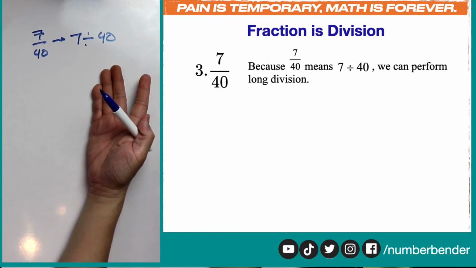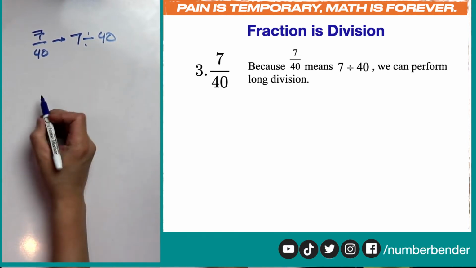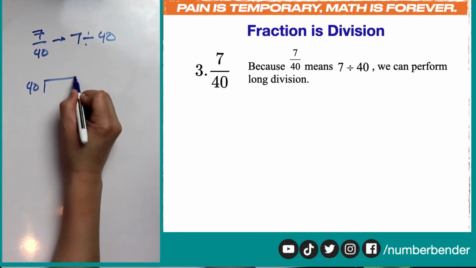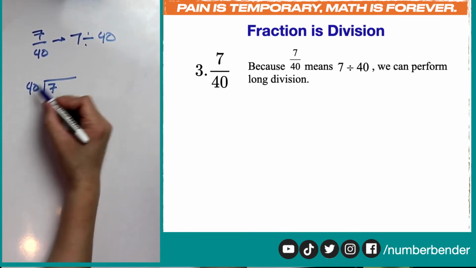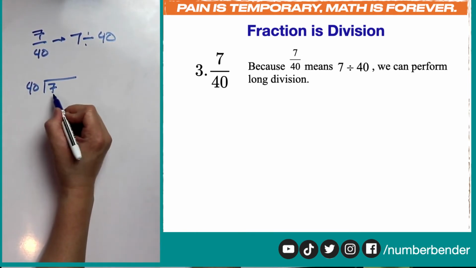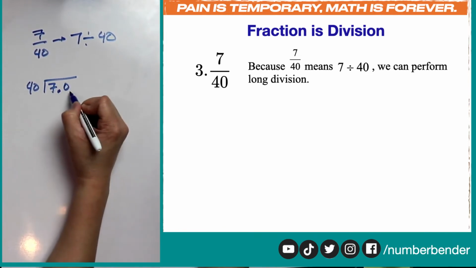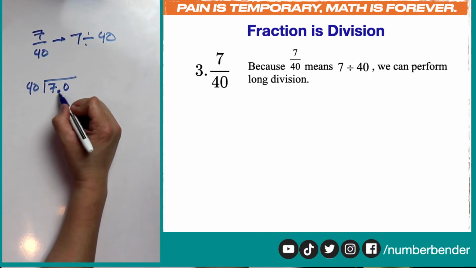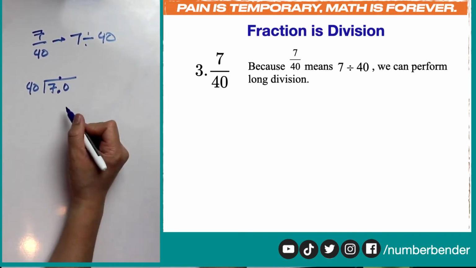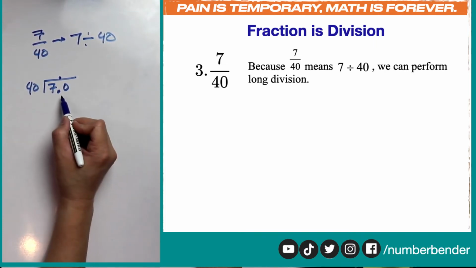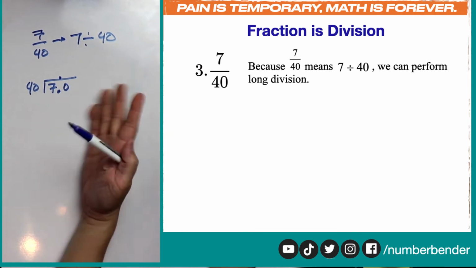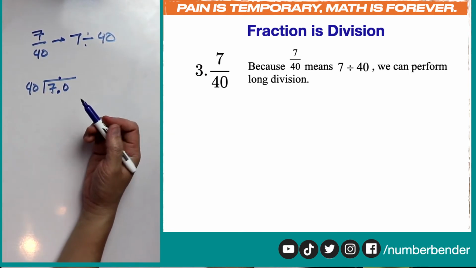If we use long division, we'll have 40 outside and 7 inside. And since 40 can't go into 7 evenly, we need to introduce a decimal point and a 0, so that we are dividing 40 into 70. So let's start our long division process.